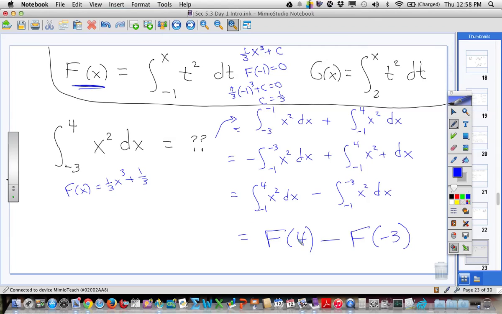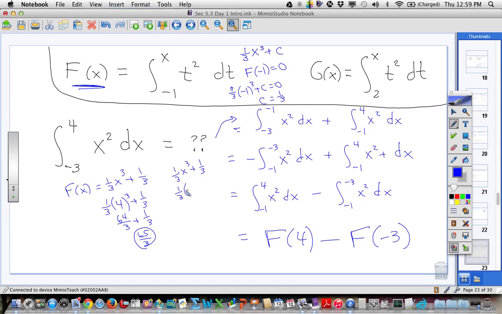Now, I'm going to plug a 4 into here. So this would be 1/3 of 4 cubed plus 1/3. And that'd be 64 thirds plus 1/3, right? Which would be 65 thirds. Right? With me? And now I'm going to find big F of negative 3, which would be 1/3 x cubed plus 1/3. And now let's put a negative 3 in.